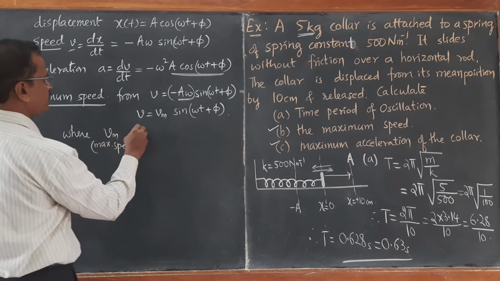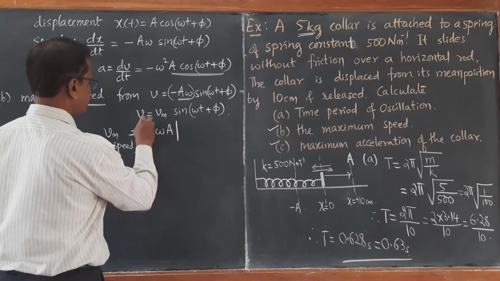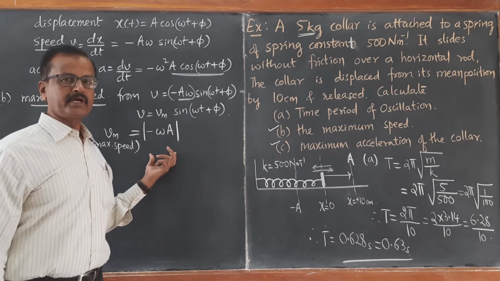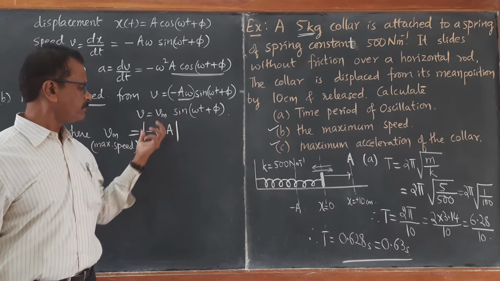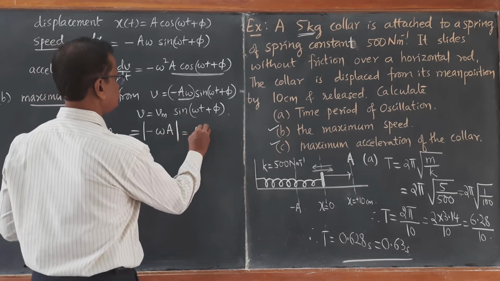Maximum speed is given by minus omega A. Since it is a speed, we have to take the magnitude.